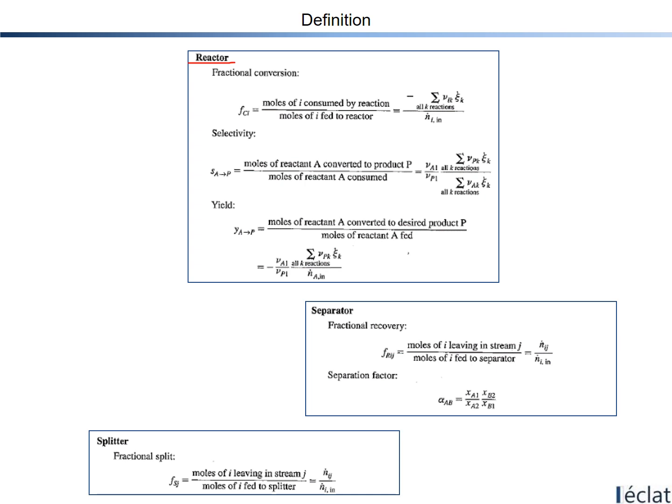For the reactor, we'll try to define some conversion and selectivity and yield. Those parameters are related to describing how well the reaction goes. Also, how much product is generated from the reaction.